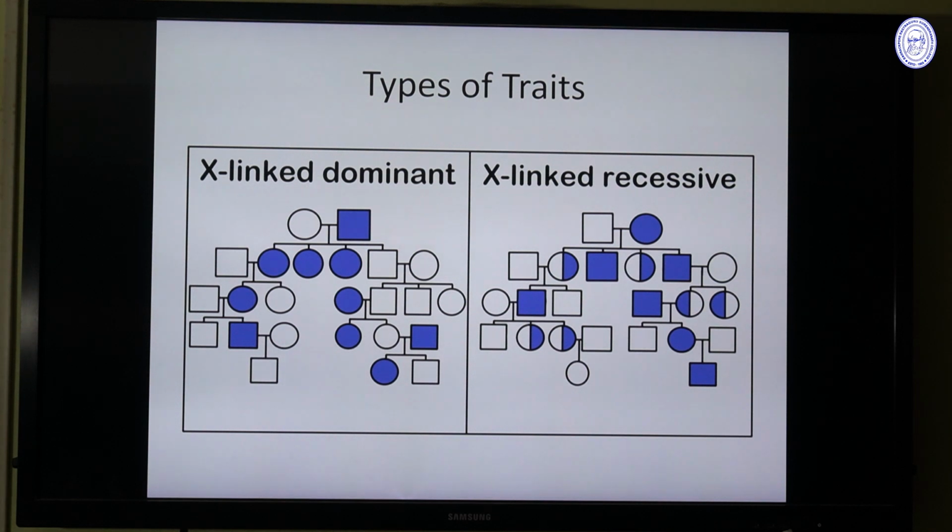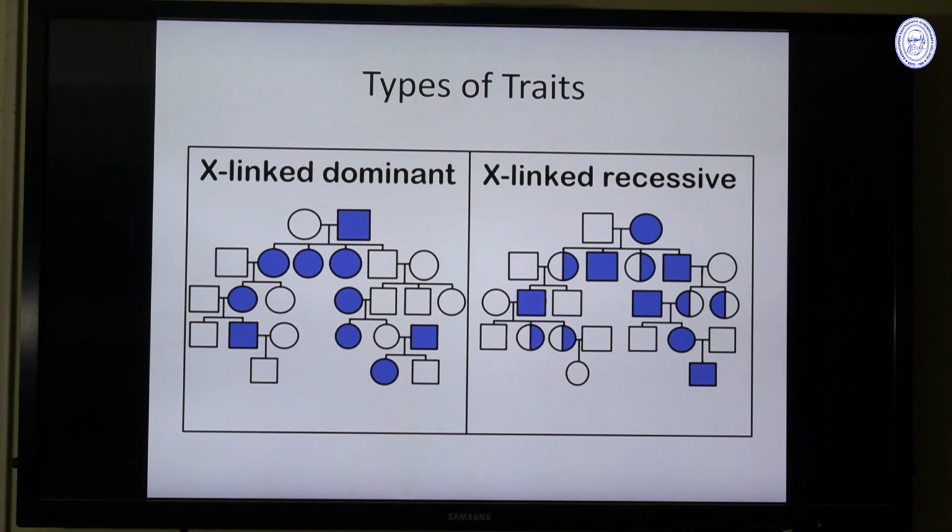The daughters receive the X chromosome from their father, and if the X chromosome that their father is carrying is defective, they will all show the defect or the trait. So this is an X-linked dominant case.